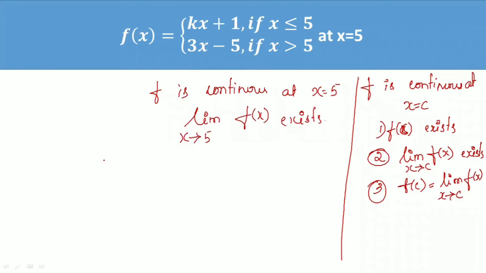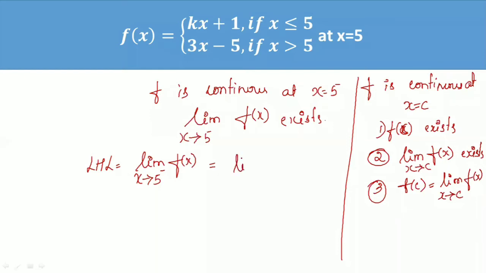So LHL becomes, what is LHL? It is limit f of x as x tends to 5 from the left. From the left means you are taking values less than 5. And when it is less than 5, the function is defined as kx plus 1.